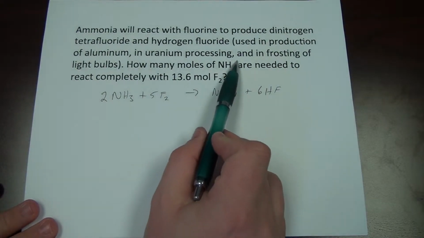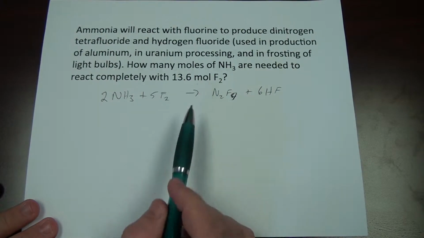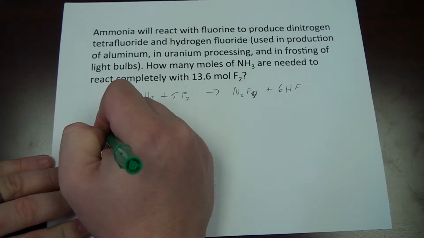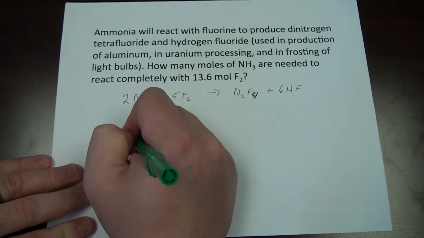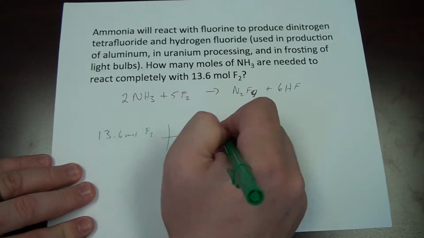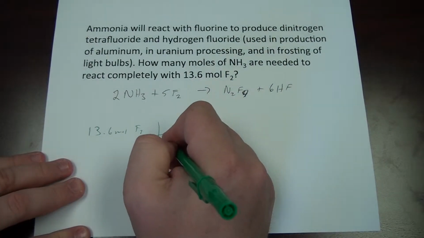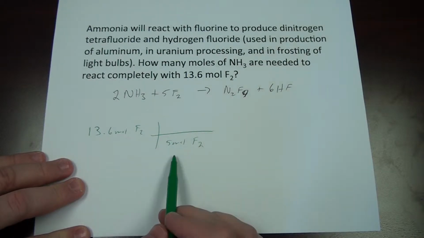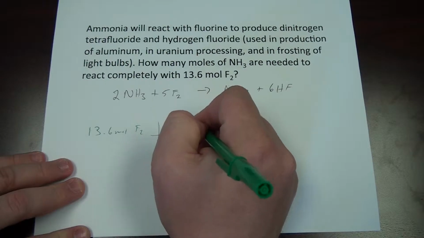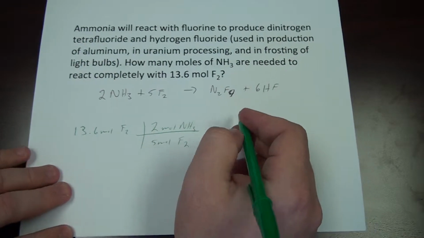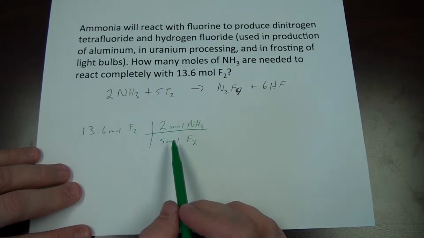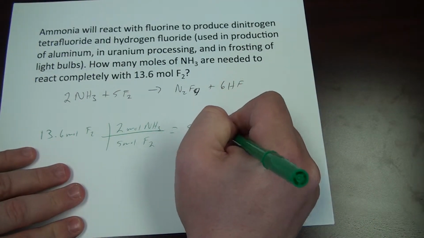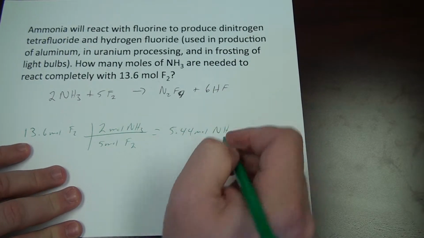So if we want to know how many moles of ammonia are needed to react this fluorine, we're going to start with this 13.6 moles of F2, and then from the balanced chemical equation, for every 5 moles of F2 we react, we need to have 2 moles of NH3. Right? So 13.6 times 2 divided by 5 gives us 5.44 moles of NH3 is needed.